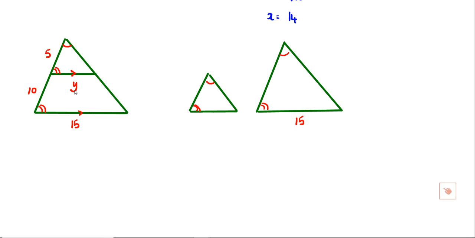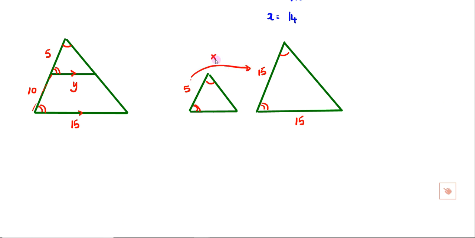So we draw separately the small and the large triangle, and we label the small one with a dimension of 5 and the large one with a dimension of 15. That's the mistake, isn't it, when someone says 10? Because the 10 is into the line. Right, so I know that 5 matches with this side.